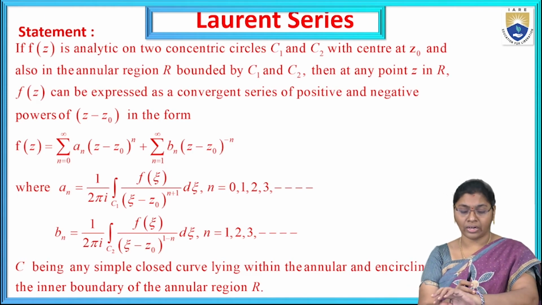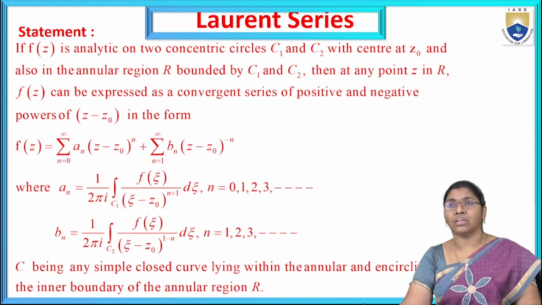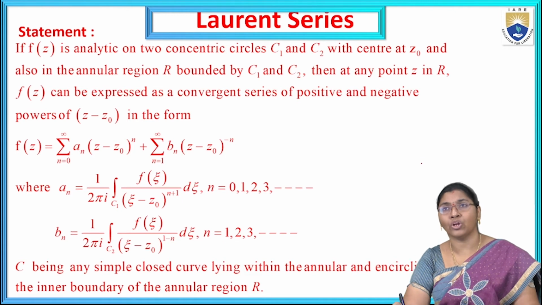If f of z is analytic on two concentric circles C1 and C2 with the center at z0, and also in the annular region R bounded by C1 and C2, then at any point z in R, f of z can be expressed as a convergent series of positive and negative powers of z minus z0, in the form f of z equal to summation n equal to 1 to infinity an of (z minus z0) to the power n, plus summation n equal to 1 to infinity bn of (z minus z0) to the power of minus n.